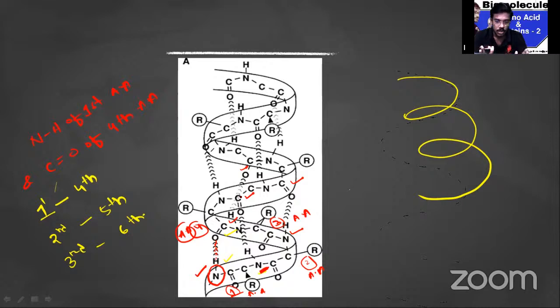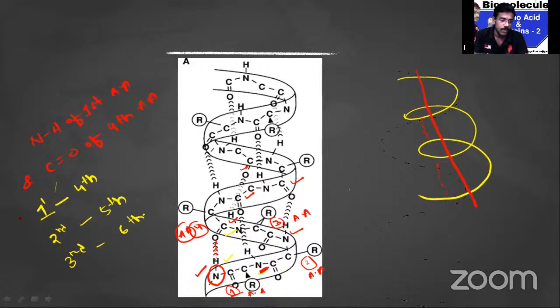I think you are all clear about this. So this is the alpha helix structure. Simply remember that alpha helix means the protein chain, or amino acid chain, coils around its own axis, and there will be formation of hydrogen bonds between different amino acids.